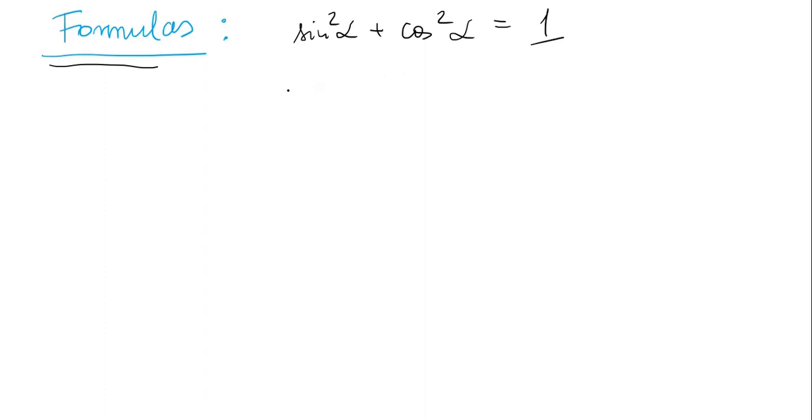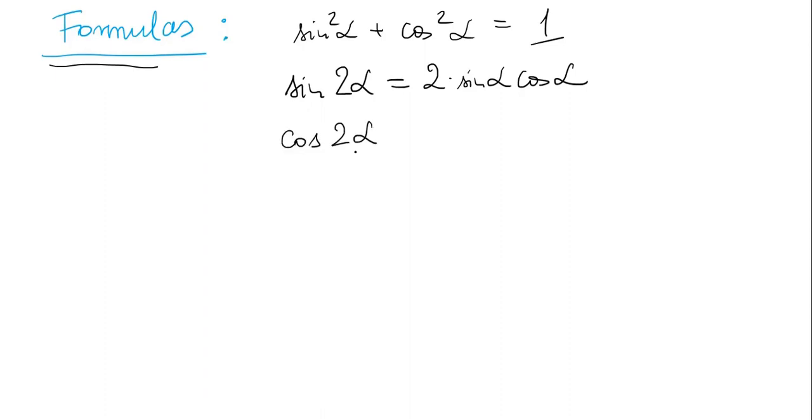So another one is sine of a double angle. This formula is 2 sine alpha cosine alpha. We also have a formula for double cosine, and then you have cosine squared alpha minus sine squared alpha.